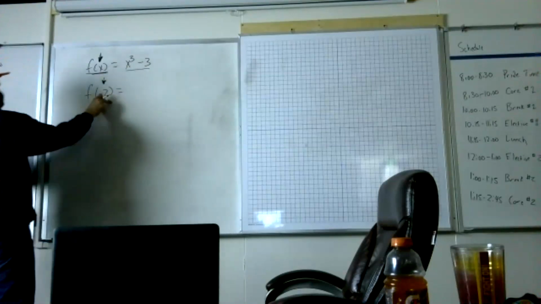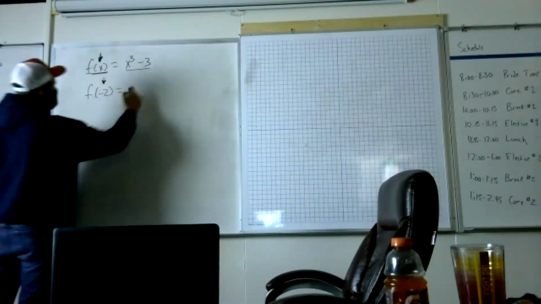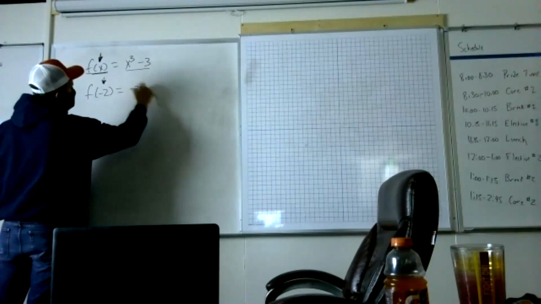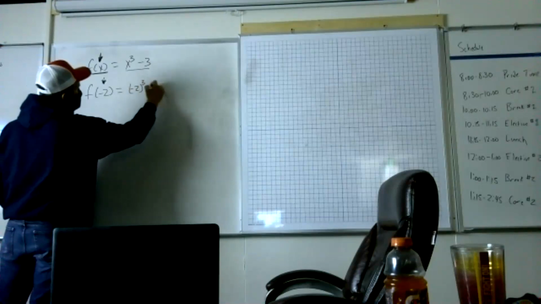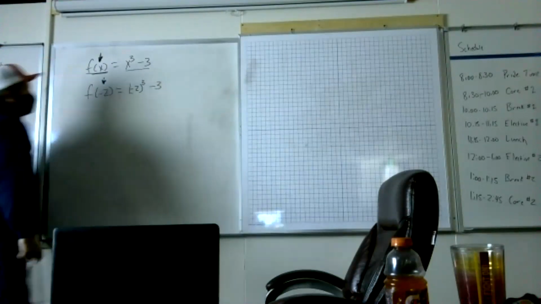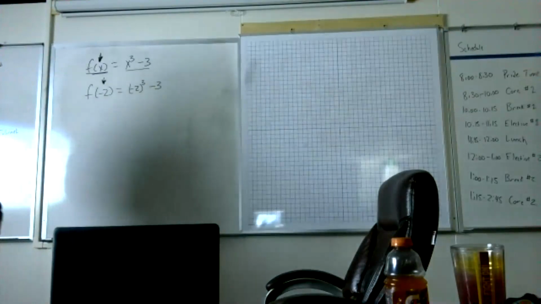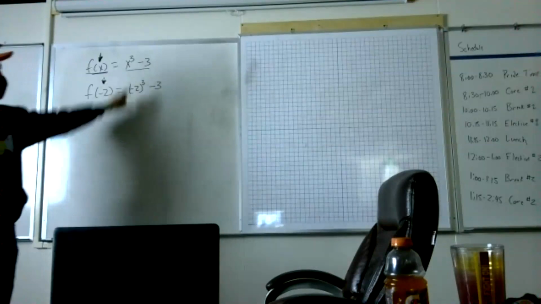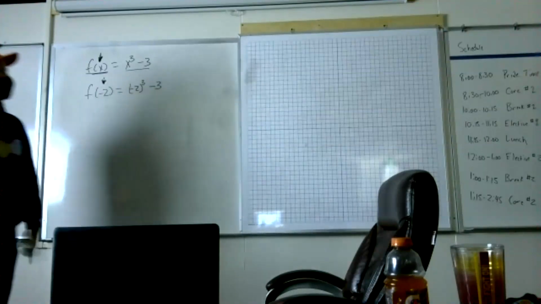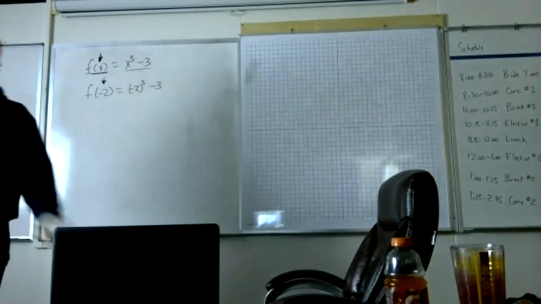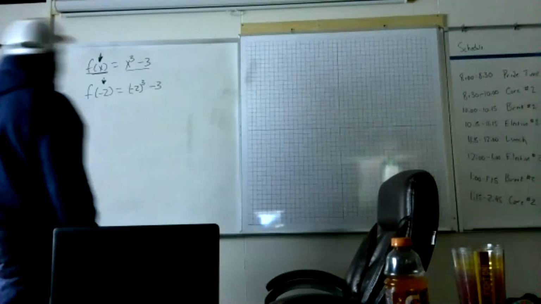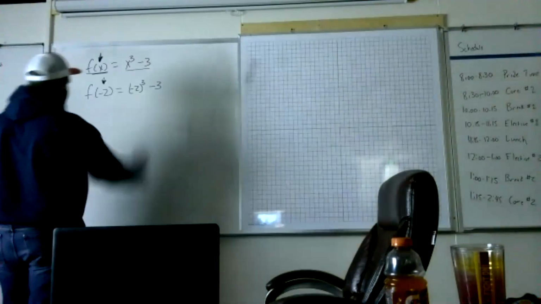So since we have f of -2, we're going to substitute -2 each and every time we see an x. So it looks like this. Then we would carry out order of operations to figure out what we are left with here. So -2 cubed, -2 times -2 is a +4, times -2 again is a -8.